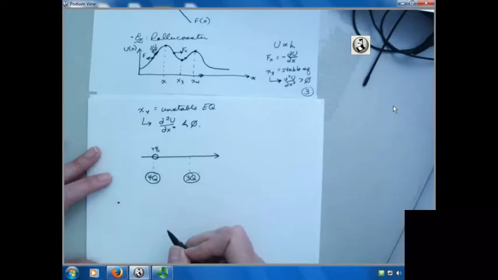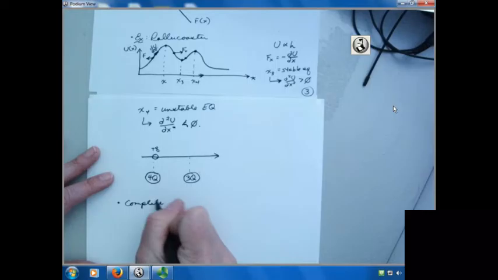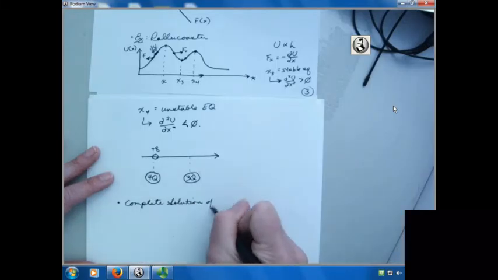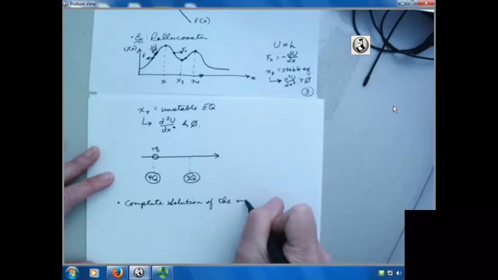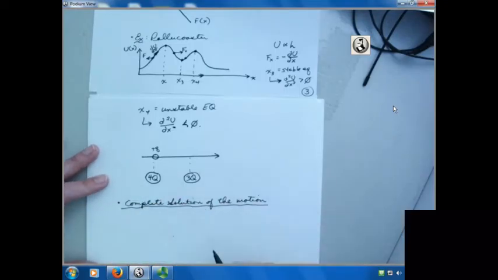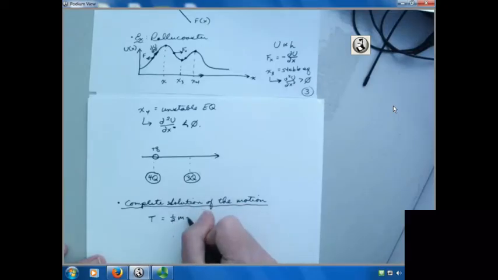So we can find a complete solution of the motion by reminding ourselves that kinetic energy is 1/2 mv squared, which in this case is 1/2 m x dot squared.